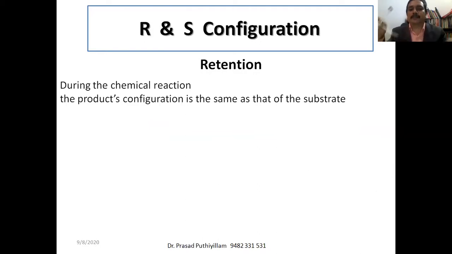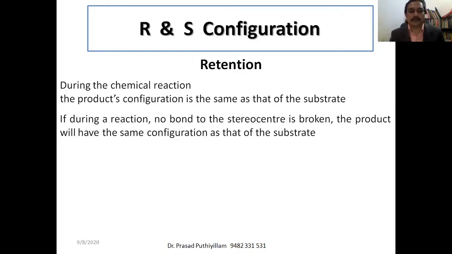If the product configuration, R or S, is the same, then we call it retention. If no bond of the stereo center is broken, and something happens only to the group attached there, then the same structure will be there. Therefore, usually, if the stereo center is not broken, we can say it will give the retention configuration.